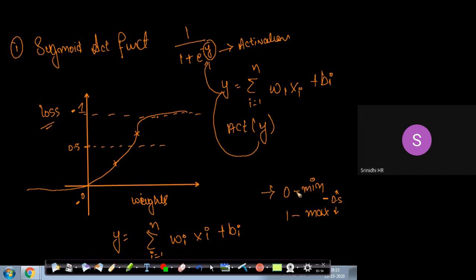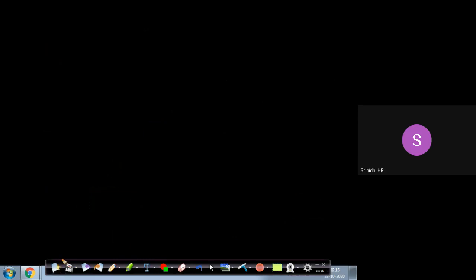Okay, so we'll come back to the discussion again. Yesterday we discussed what is gradient descent. Your gradient descent curve looks like this. If this is the curve, let's imagine, this is your slope.